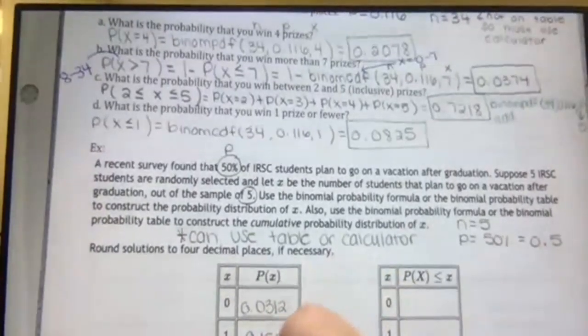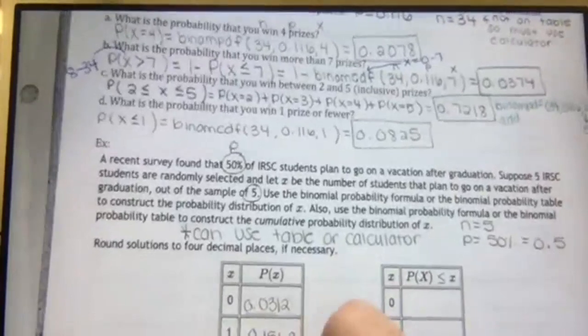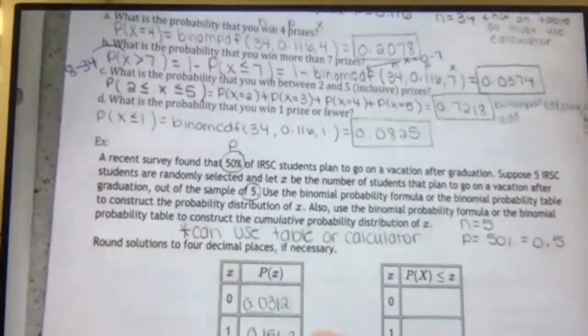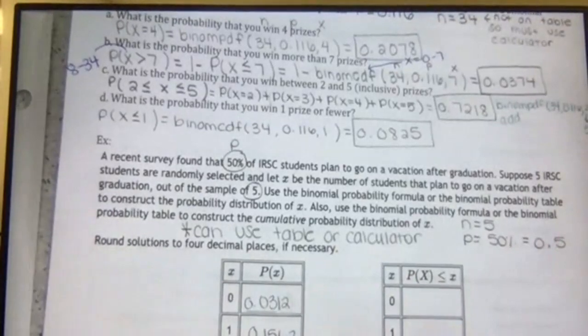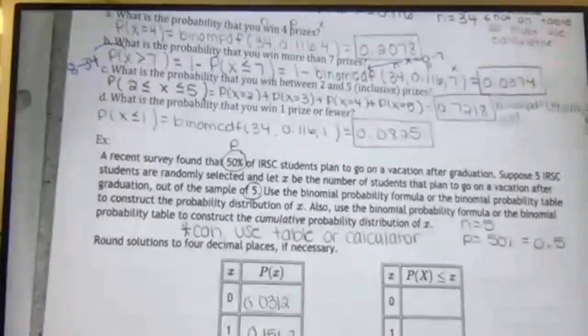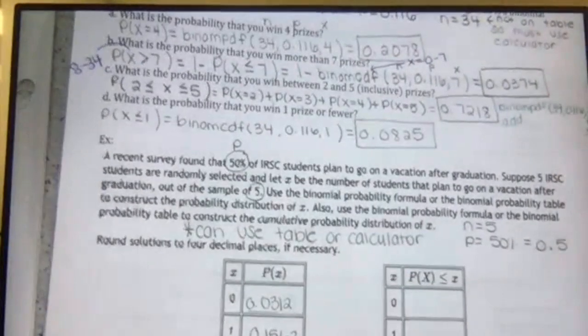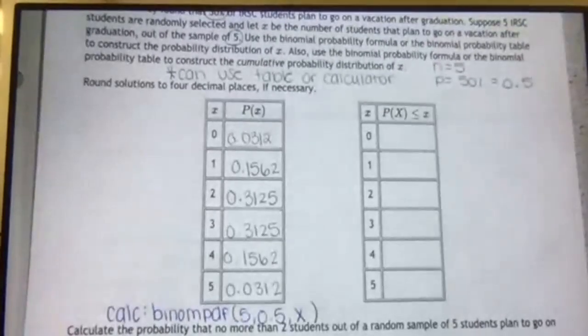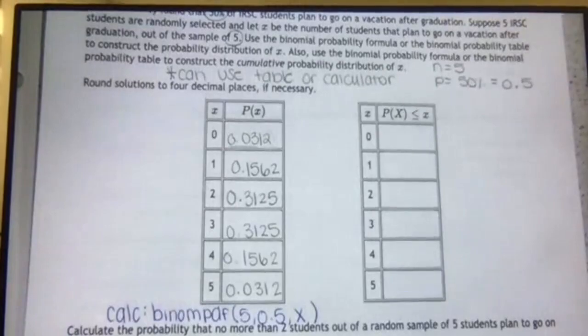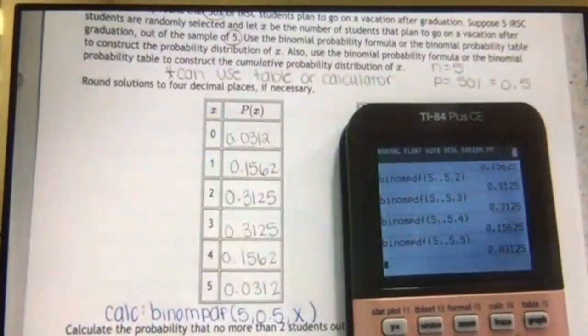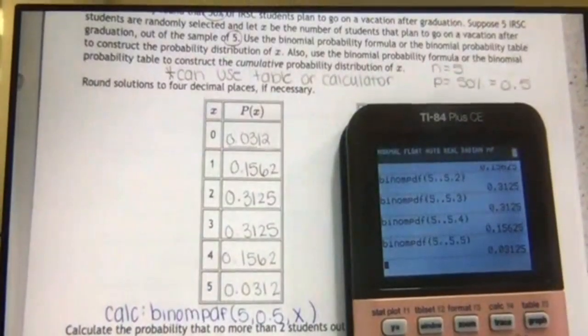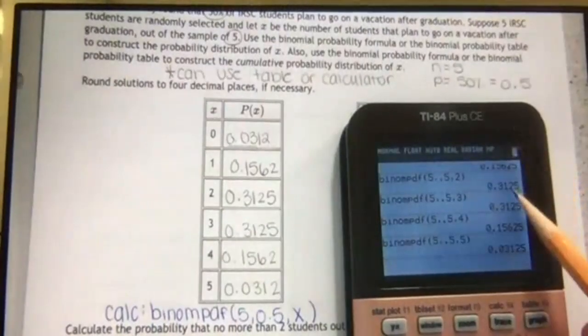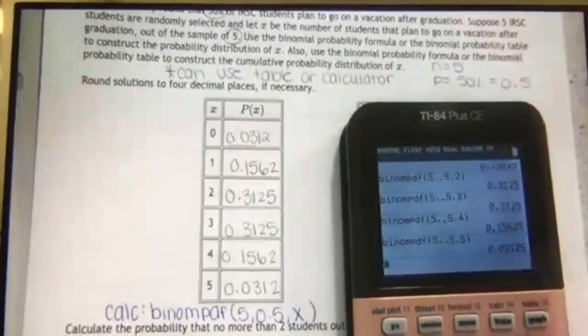When x is 2 from my table, 0.3125. When x is 3, again 0.3125. When x is 4, 0.1562. And when x is 5, 0.0312. I'm just copying it down from my table, or you can copy from your calculator. Either way. When x is 0, 1, 2, 3, 4, and 5.